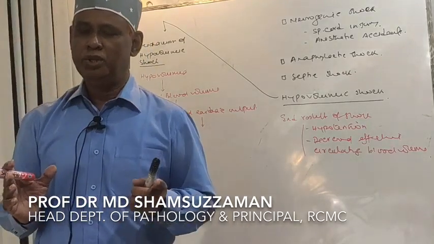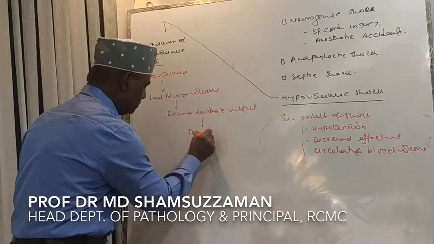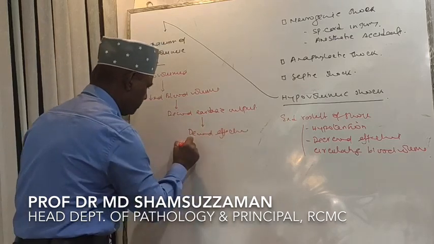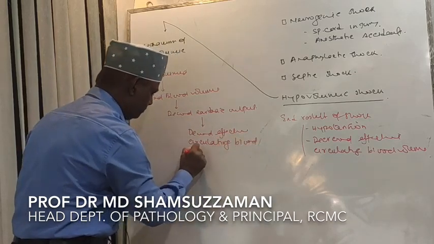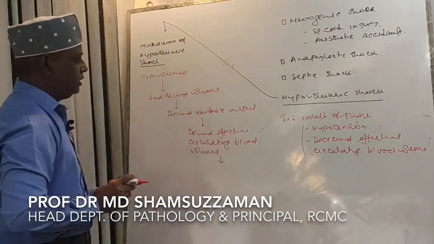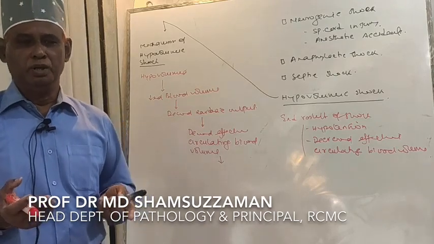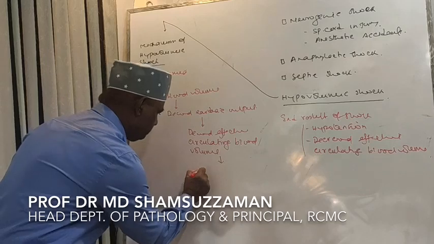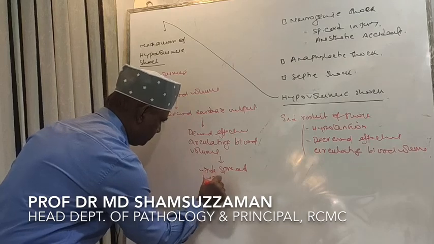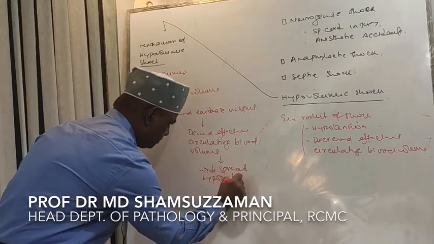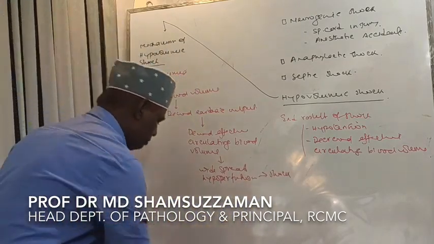There will be decreased effective circulating blood volume. As there is decreased effective circulating blood volume, there will be widespread systemic hypoperfusion, and ultimately there is shock. So this is the mechanism of hypovolemic shock.